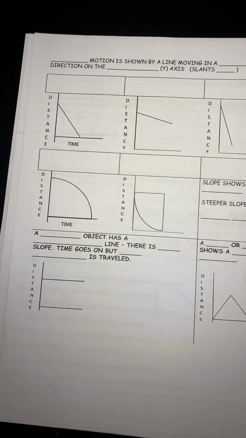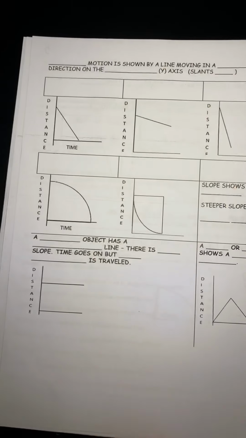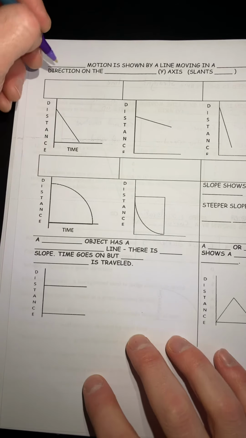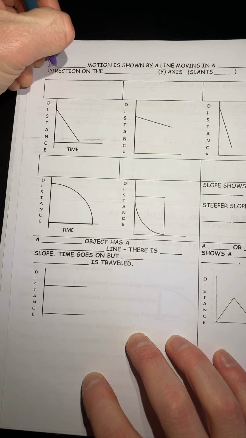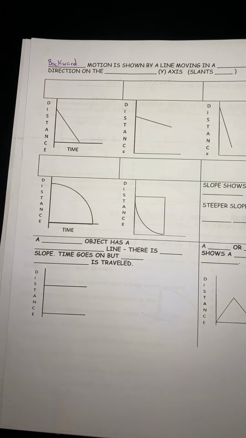Backward. Look, all these lines are negative. So a negative line or negative slope means it's backwards motion, back towards the way that you came. All right, so backward motion is shown by a line moving in what direction?